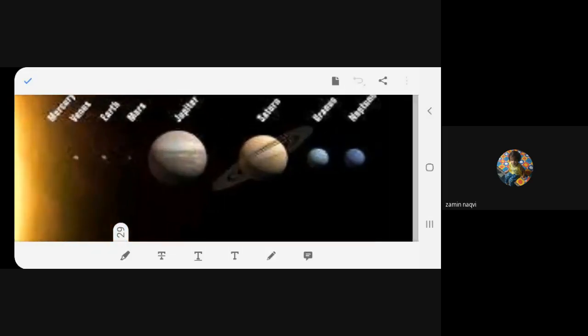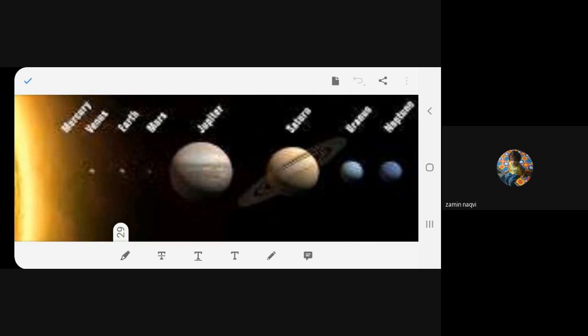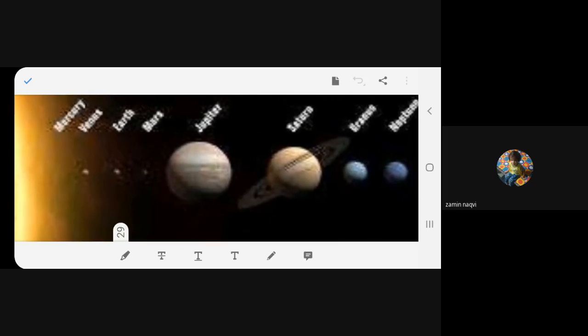The same thing, I'm trying to show you the structure and the size. Mercury, Venus, Earth, Mars, Jupiter.